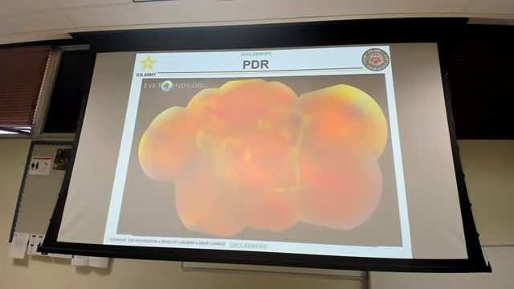Now, if it gets really bad where you start to develop some fibrovascular scarring, you can end up with a type of retinal detachment. And so this right here, that fibrovascular tissue is this white stuff. Over here as well.